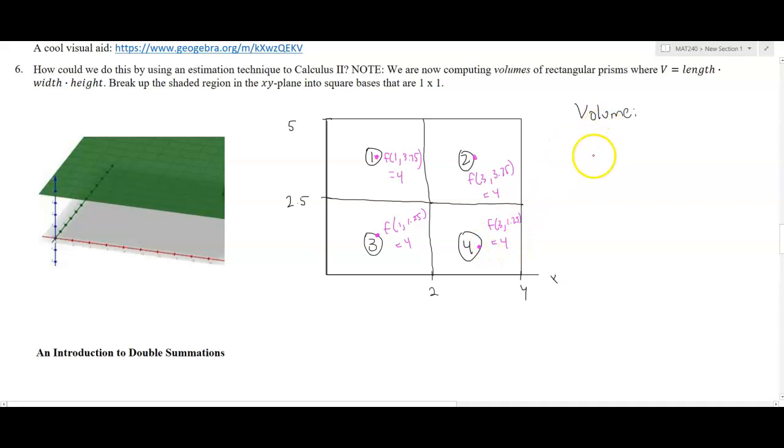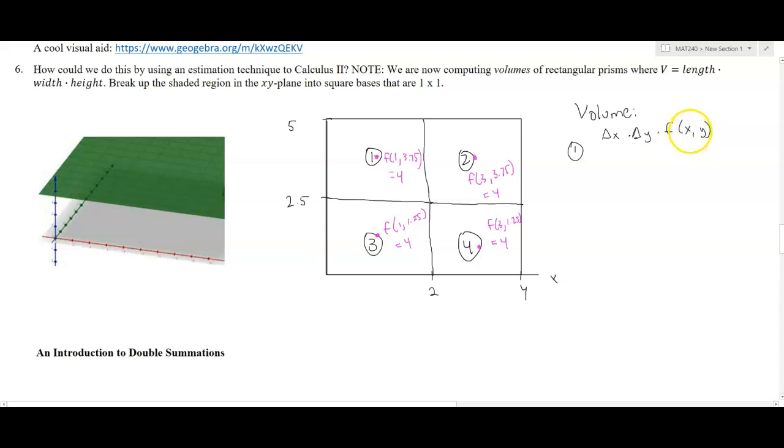So to find all these individual volumes, we're going to, first of all, multiply the width, and the width of each is something we could call delta x. So I'll write this as delta x times, or sorry, length and width, delta x and delta y, times the height, which will be the f of x y at the point of interest.